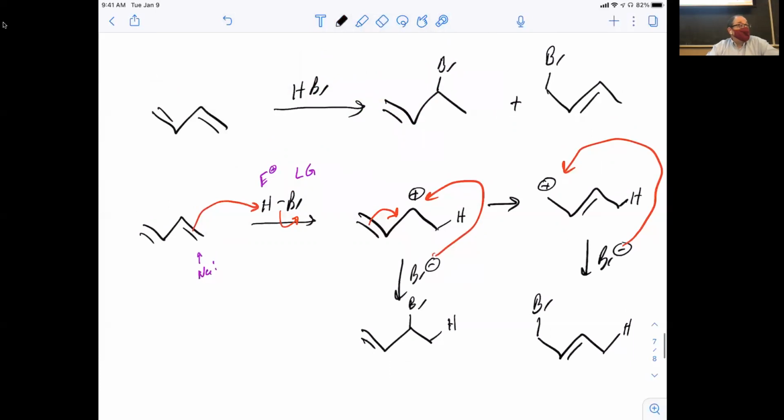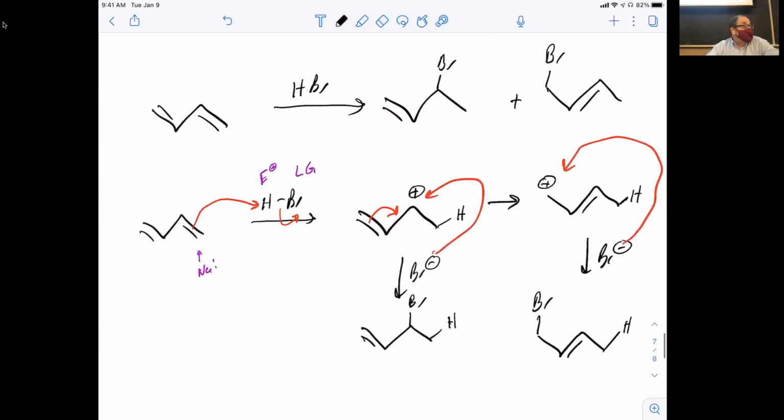So since I have conjugation, I'm going to have two resonance structures. Those two resonance structures are going to result in two products. Whenever you're reacting an electrophile with a conjugated system, you always want to create a conjugated carbocation. So when you create that conjugated carbocation, that means that you're going to be able to rearrange that, get the resonance structure, and that's going to give me my two products.